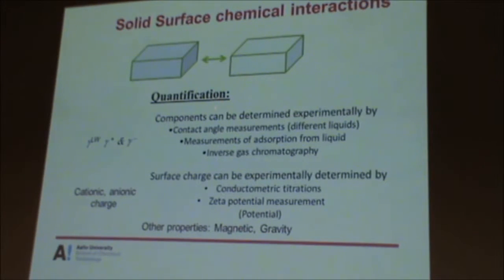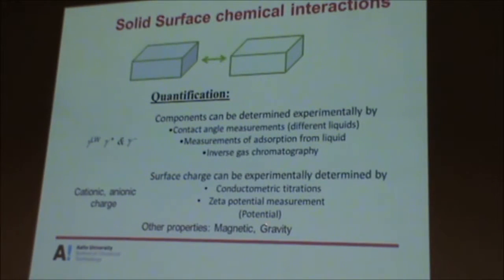If you combine these two pieces of information, you calculate the interfacial free energy and then the electrostatic interactions, and combining these you can predict whether two surfaces will adhere or not. So this is a very simplistic theoretical way of predicting how colloidal particles or surfaces interact with liquids, and surfaces interact with other solids.